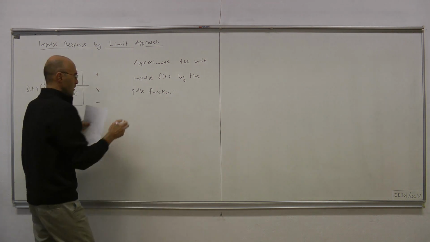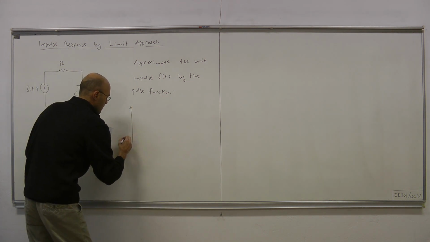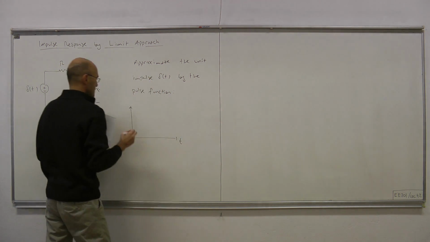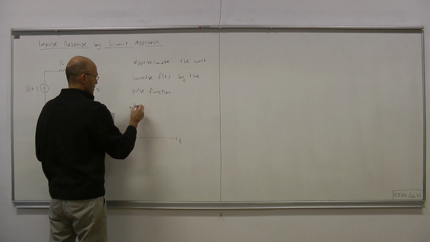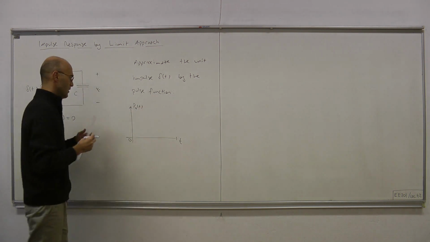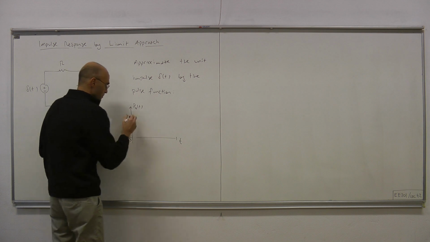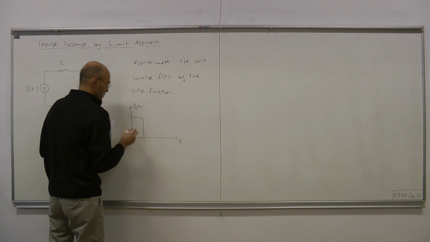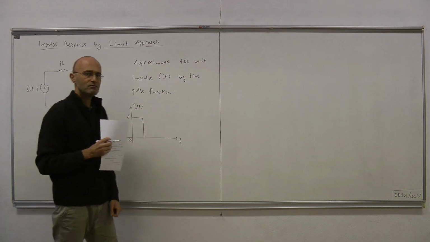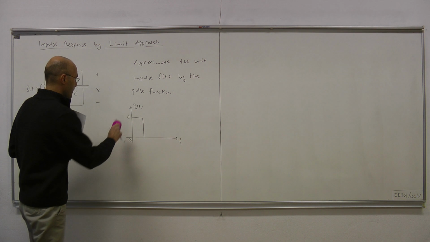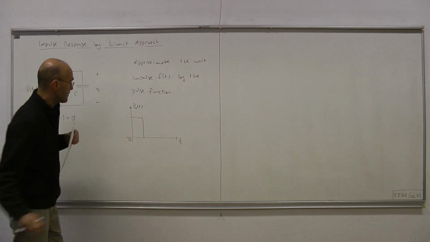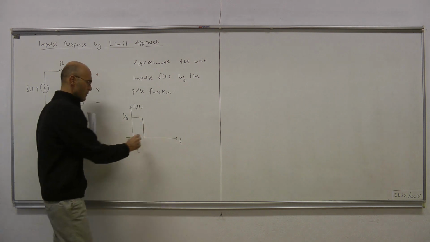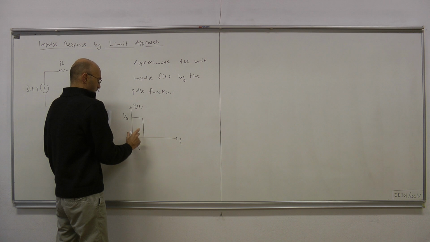So the pulse function has this shape. You're familiar with it, let's call it p_Δ(t). It's 0 for all negative times, and for a while it's constant at some height, let's call it 1 over Δ, and then after a while it's again 0.